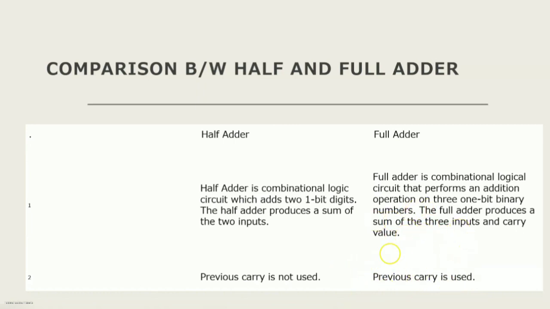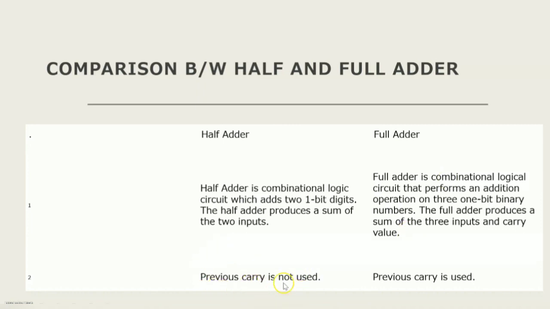Full adder is a combinational circuit that can perform addition of three 1-bit binary numbers, and the full adder produces the sum of three inputs and carry value. Here also you will be getting a sum and a carry, but the difference is that you can give three inputs, A, B and carry in, that is two inputs along with the carry.